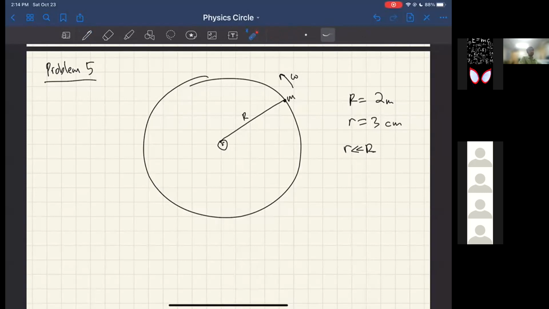Yes, but we don't know anything about the geometry of the mass, so we can't use that. So we have to use something related to energies.